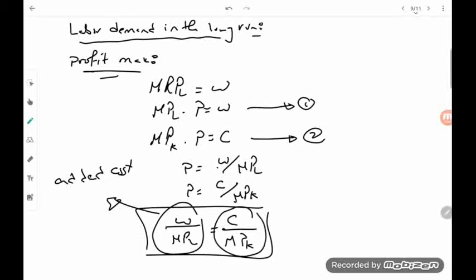And this is the added cost or marginal cost of producing an extra unit of output when using capital. So in order to maximize profit, the firm must adjust its labor and capital inputs so that the marginal cost of producing an added unit of output using labor is equivalent to the marginal cost of producing an added unit of output using capital.